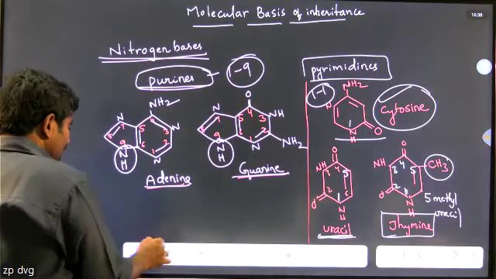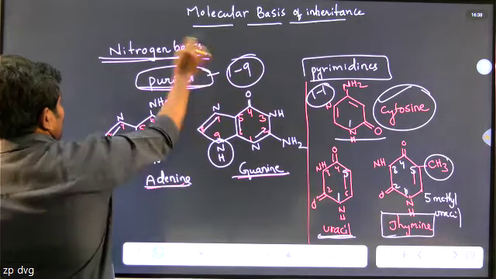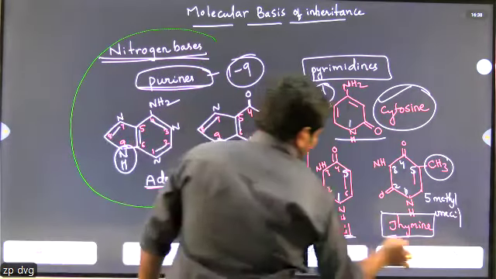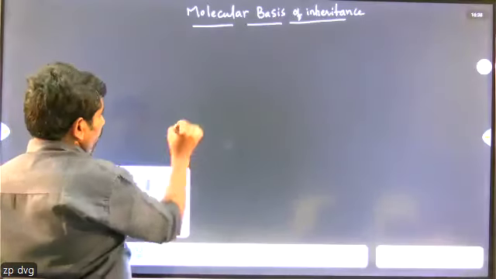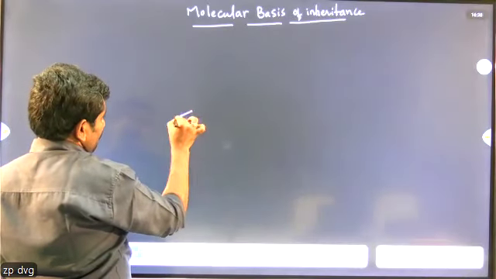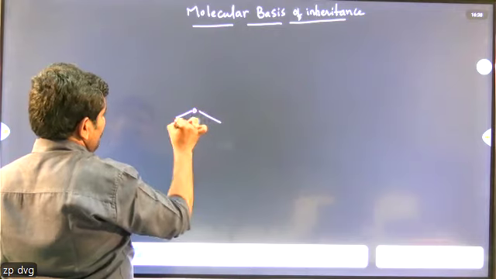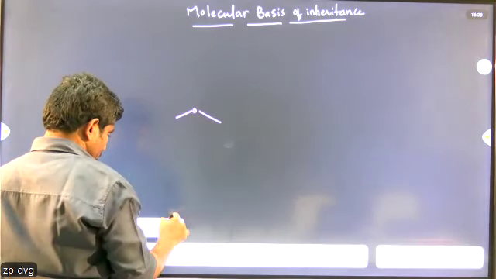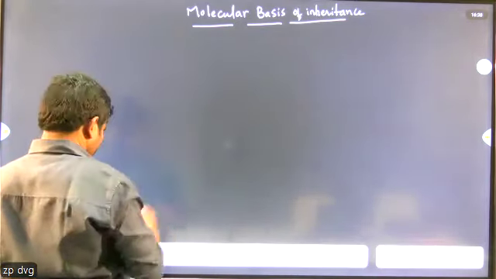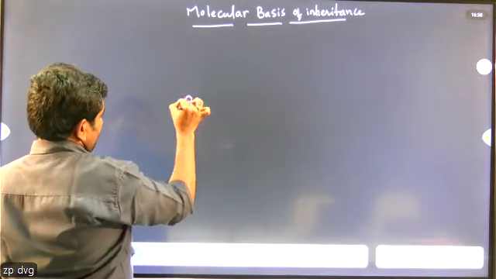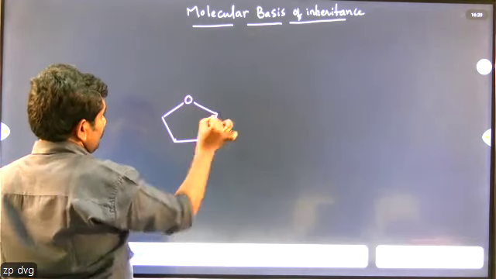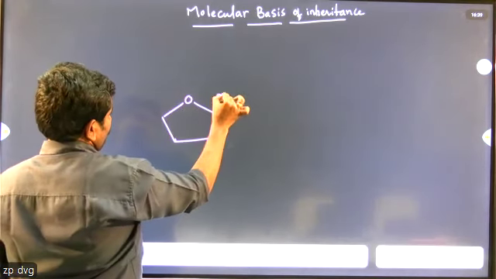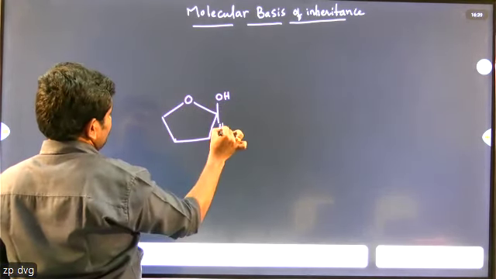For example, let us see all these things. Ribose sugar, for example. Now let us take this ribose sugar. This is the OH group, and this is hydrogen.